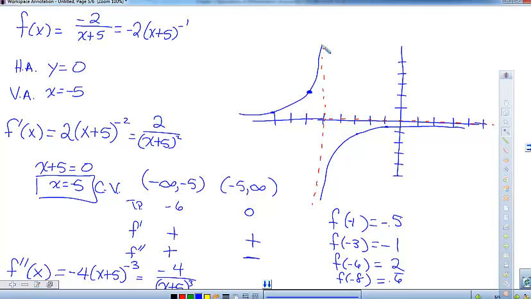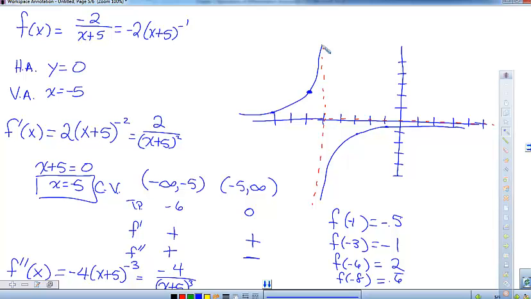You said that sometimes it can cross the horizontal asymptote, right? How do we know if it crosses? Just by picking a few points.